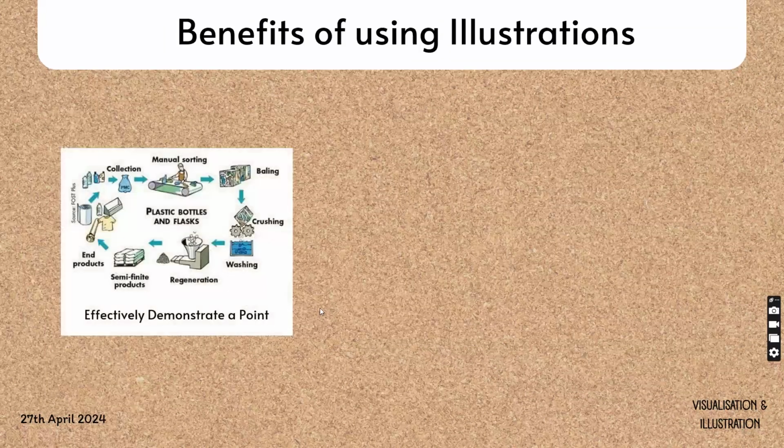Another benefit is to effectively demonstrate a point. When we are explaining anything to someone with words, it's hard for that person to digest. But when we use illustration, we can demonstrate the point effectively.